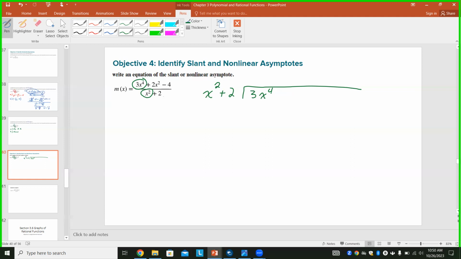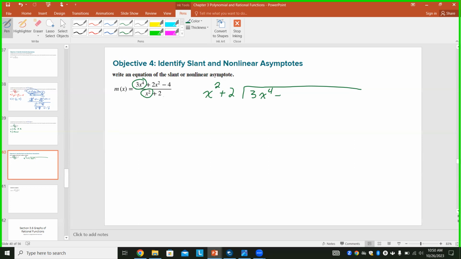When you are setting this up for long division, you have to have a place value for every term. Because there's no x cubed, I would represent it with a 0. If you put a 1, now you're changing the value.